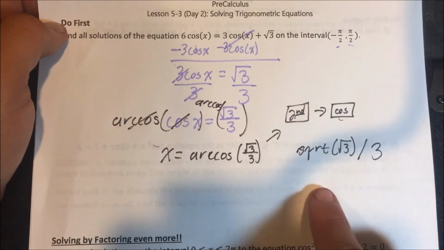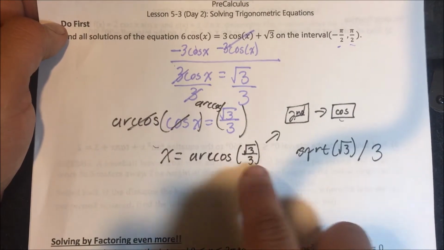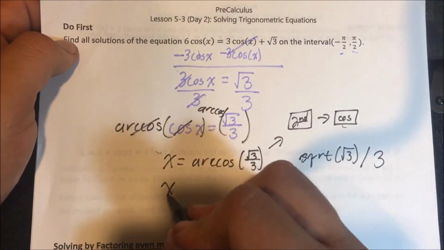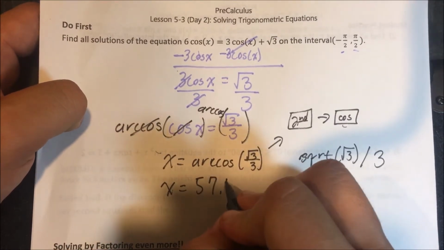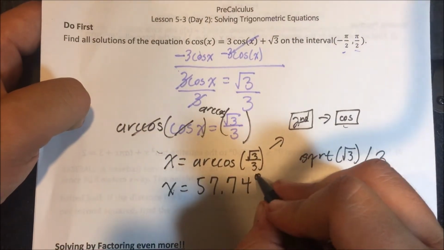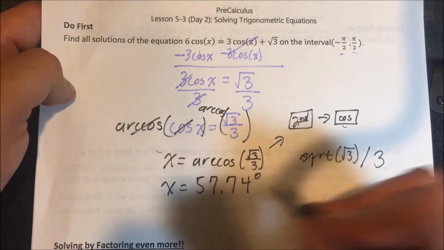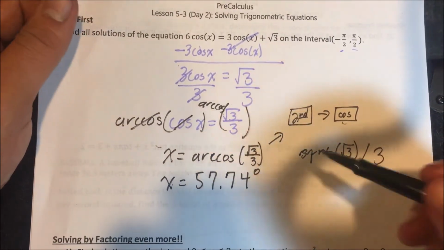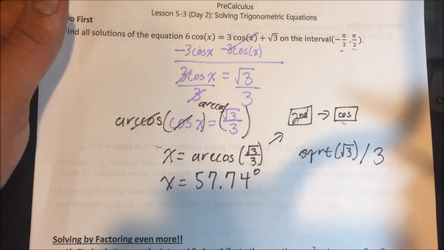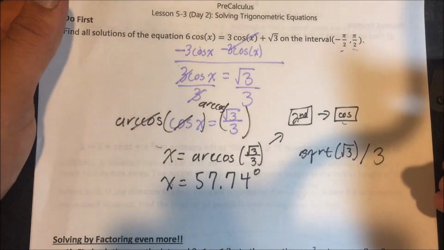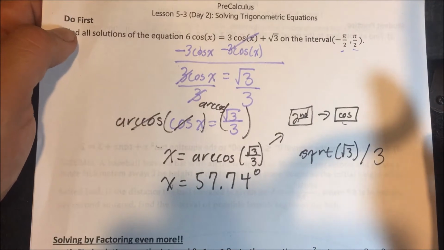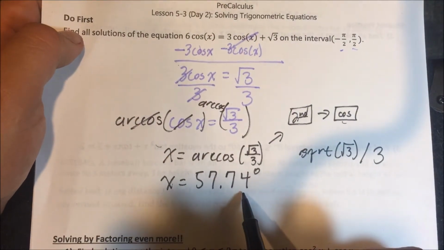So you do that with an arc cosine written around it, and what you end up getting is an angle of about 57.74 degrees. Of course, make sure that your calculator is in degree mode. You can do that by going to mode and then changing from radian to degree, or if degree is already highlighted, you should already be good. So anyway, we have 57.74.